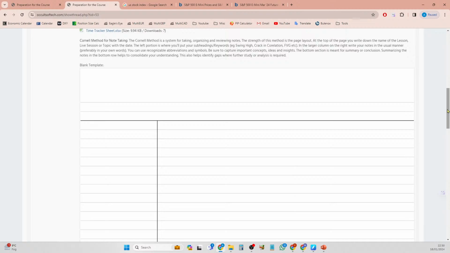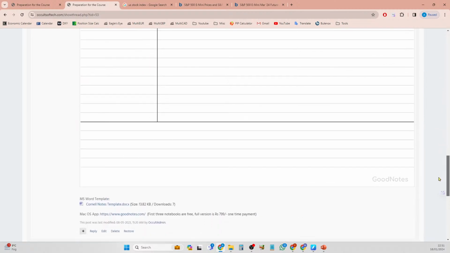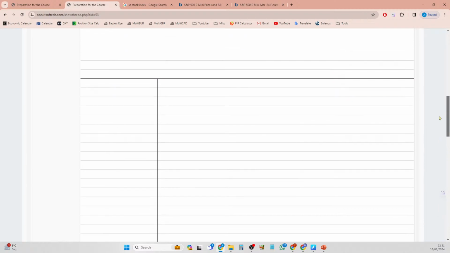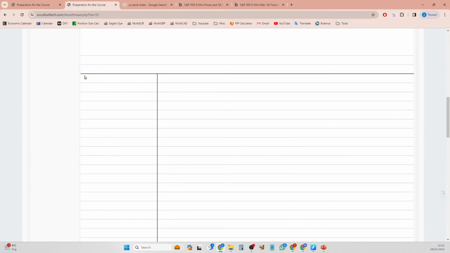Now, I had given a suggestion of how to use the Cornell method for note taking. It's a very simple concept wherein the page is divided into certain sections. The topmost part is the title or the topic that you're going to learn about.